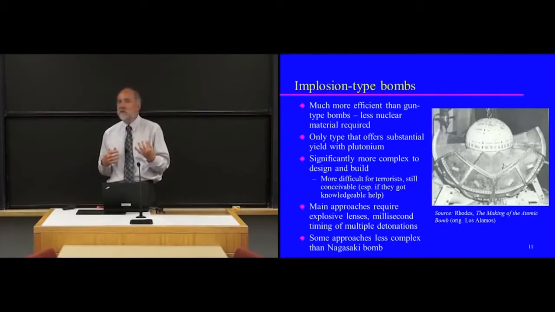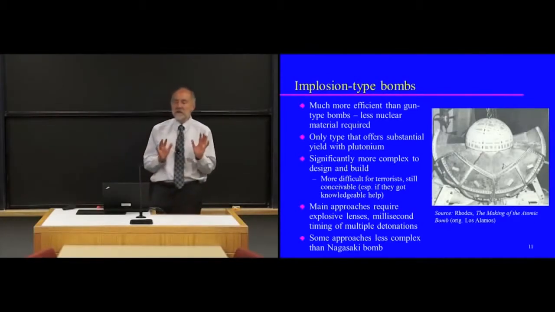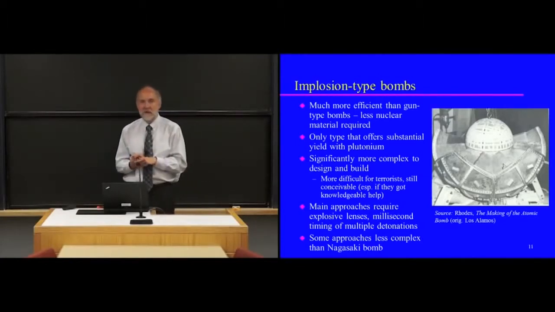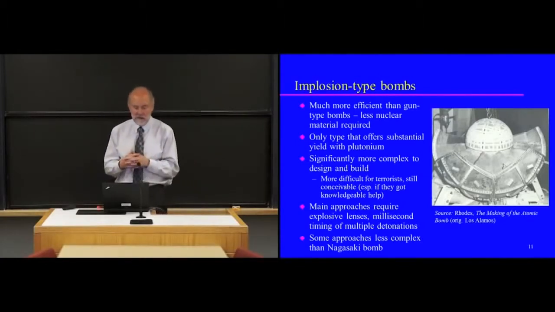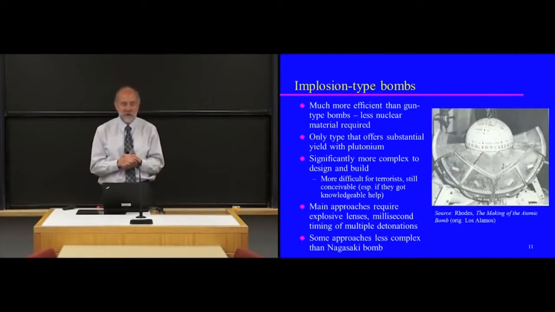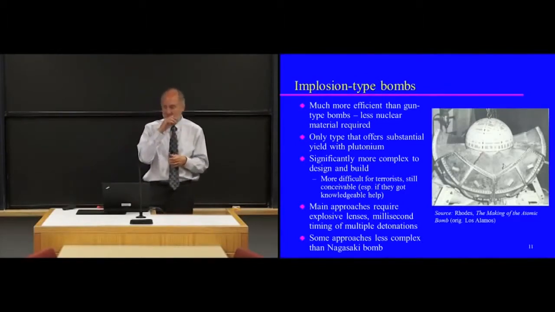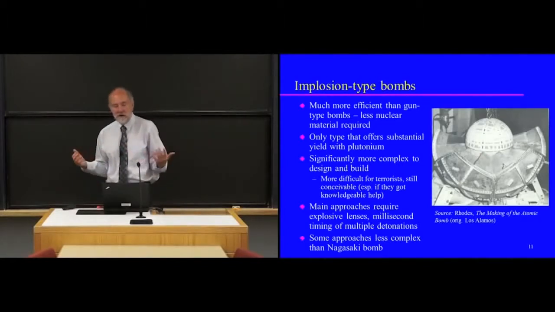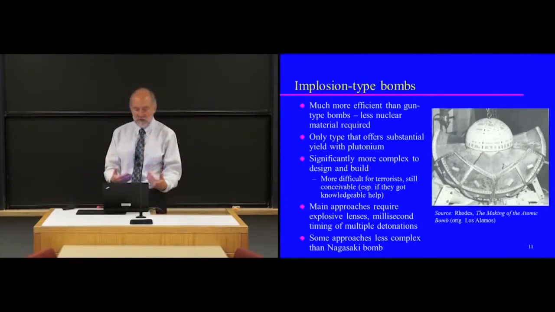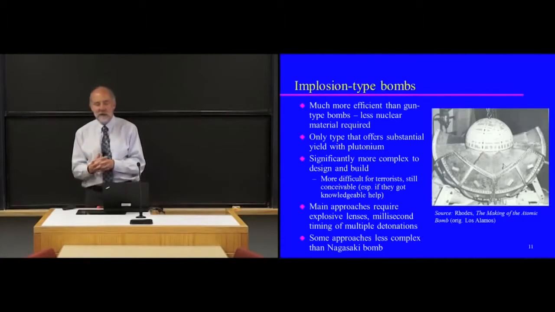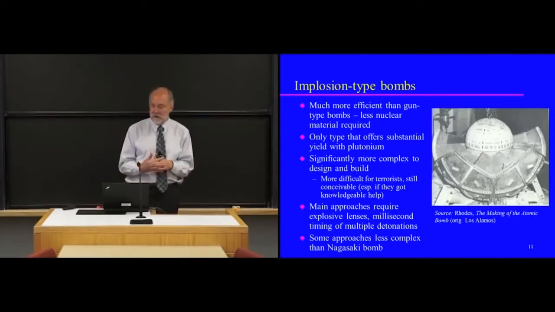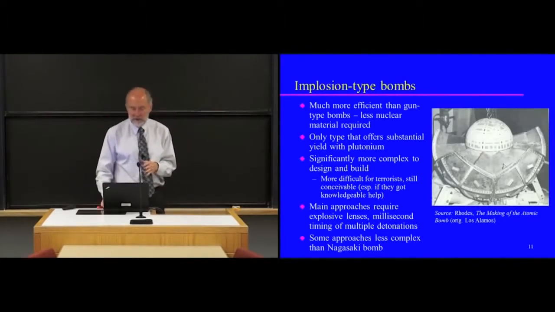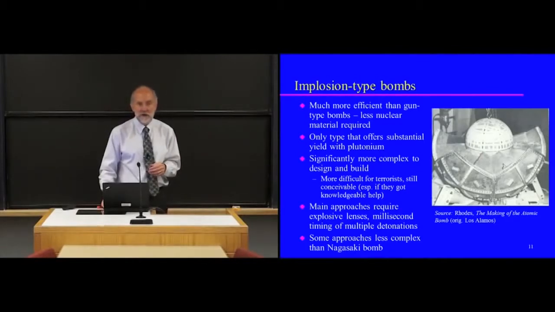And there are some approaches that are significantly less complex than the Nagasaki bomb was. I can't say much more than that in this unclassified talk. So most of the approaches require explosive lenses. They require millisecond timing of multiple detonations. It is a tricky thing. But as I say, there are some approaches that are less complex.